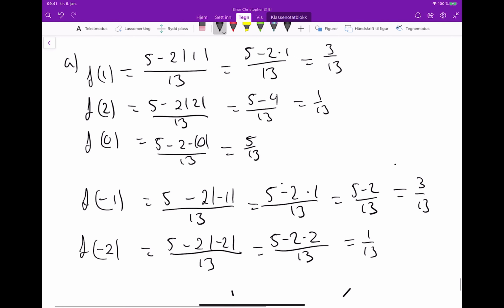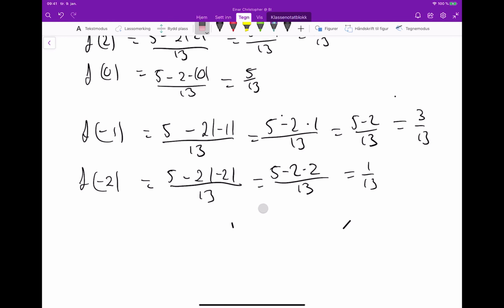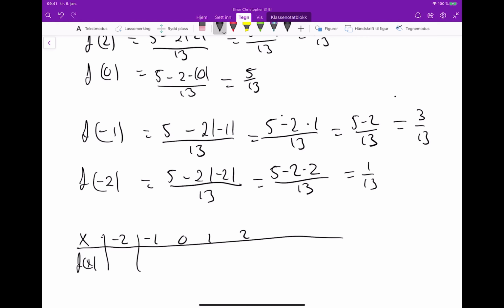And this we can collect in a table. So we could have x here and f of x here. And we could have -2, -1, 0, 1, 2.